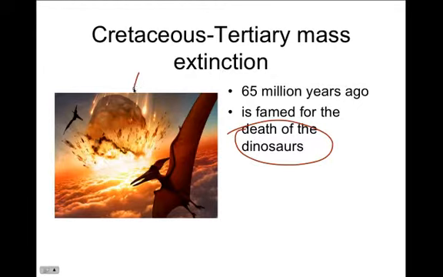What happened? We still have to put in our mind's eye, our imagination. The Earth is still continually being bombarded by meteorites from outer space. We do not have that protective layer for large mass extinctions, large meteors. That's why it's thought that one of the meteors most likely hit off the Yucatan Peninsula.